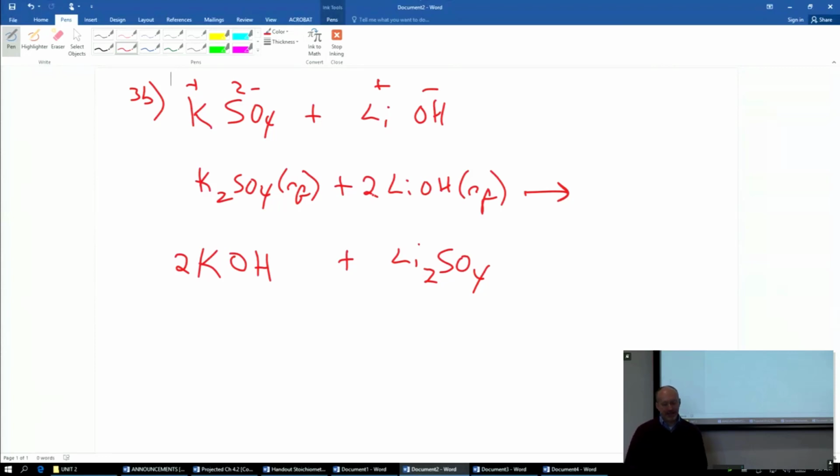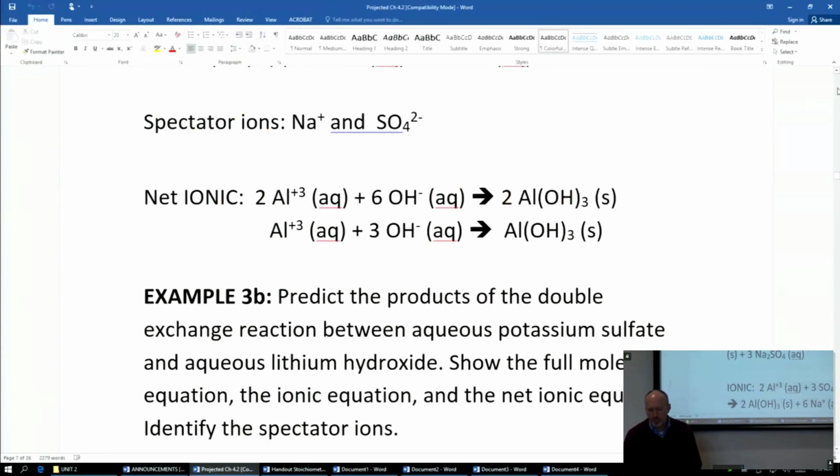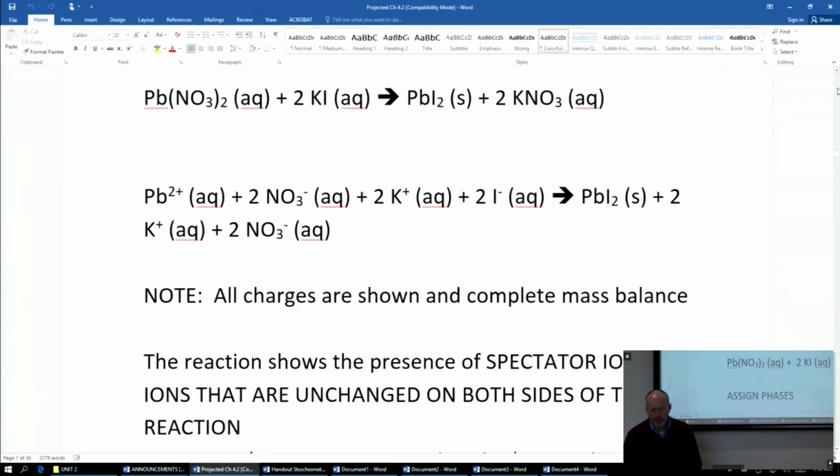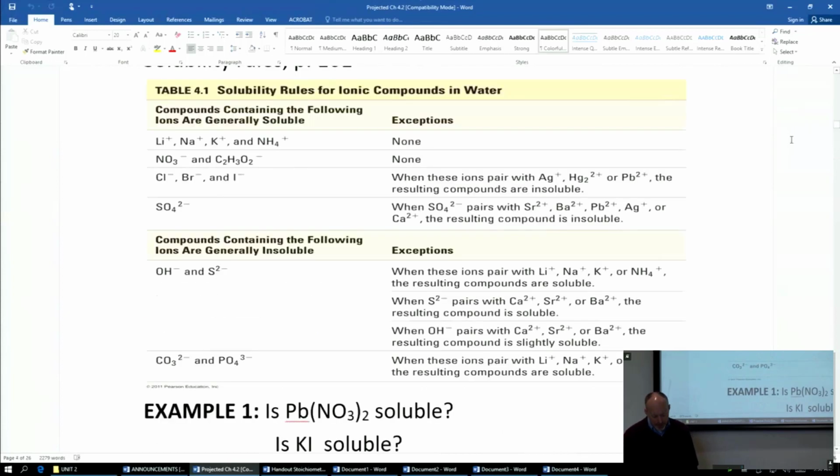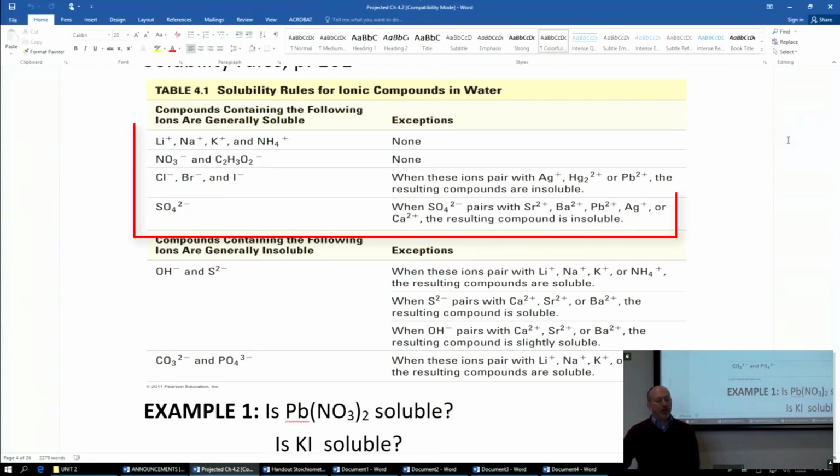Now, phases. Back to my chart. I'm looking up 2 products. Potassium hydroxide. Madeline, soluble, yes or no? Yes. Lithium sulfate.